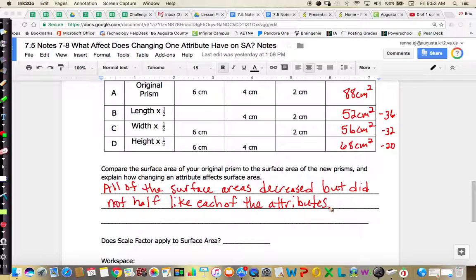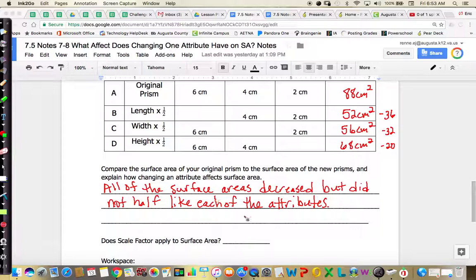So we can multiply the attributes, length, width, or height, by a scale factor, but it's not going to have the same effect as volume. It will either increase or decrease, but not by that scale factor. So like this one decreased, but not by 1/2.